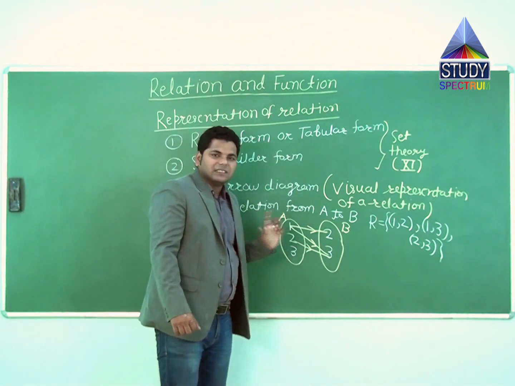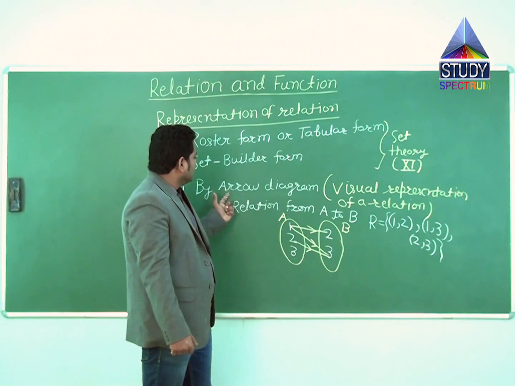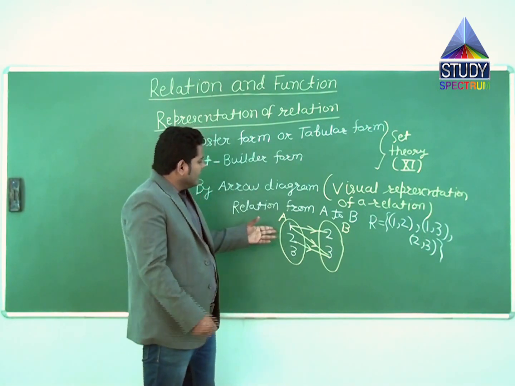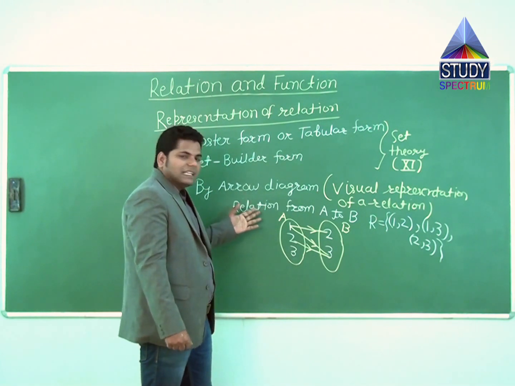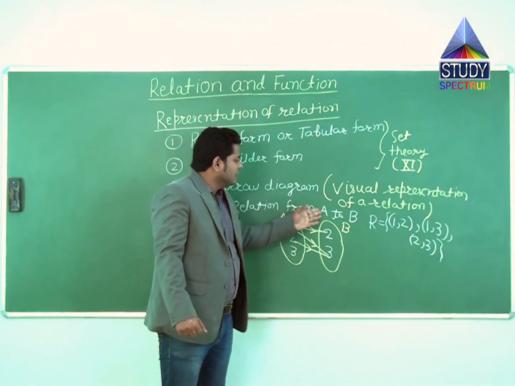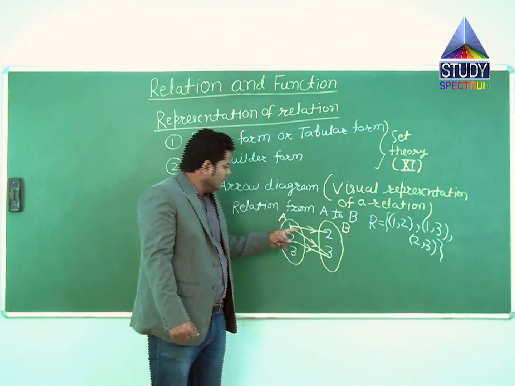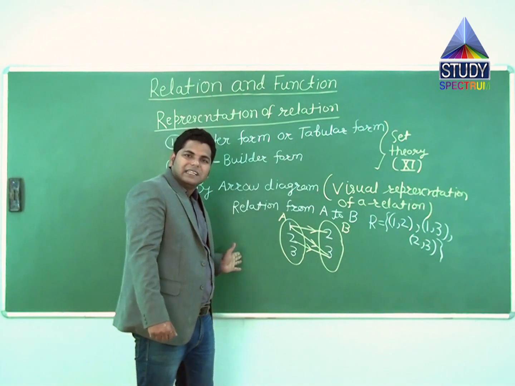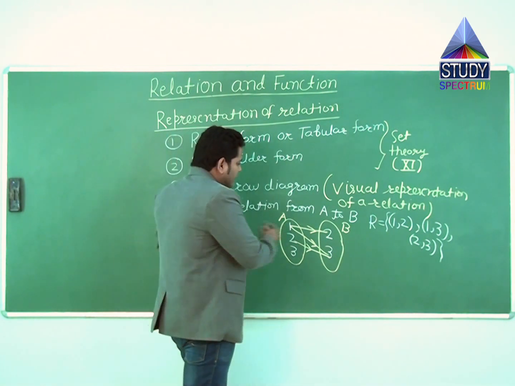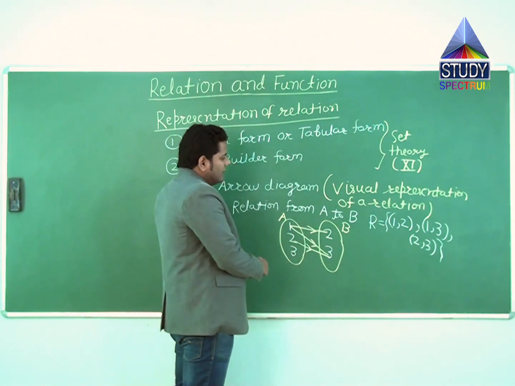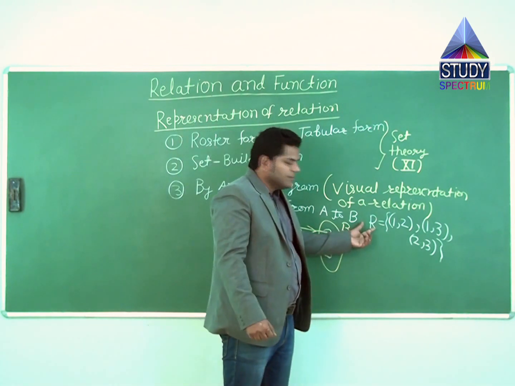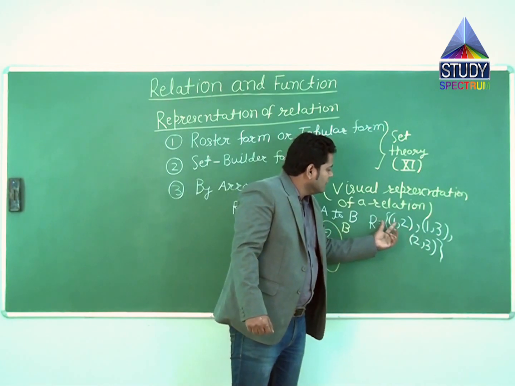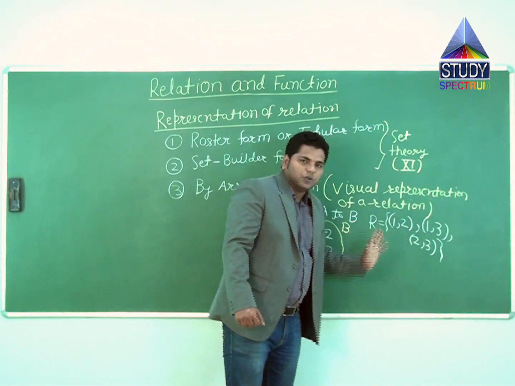This representation is known as the representation of a relation by arrow diagram, in which, when we represent a relation from set A to B, we show set A on the left hand side and set B on the right hand side. In the earlier example, the relation is the set {(1, 2), (1, 3), (2, 3)}.